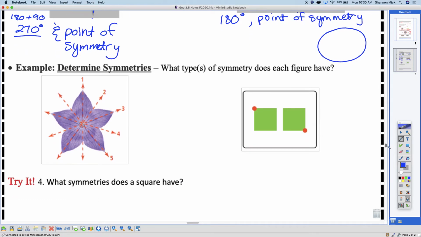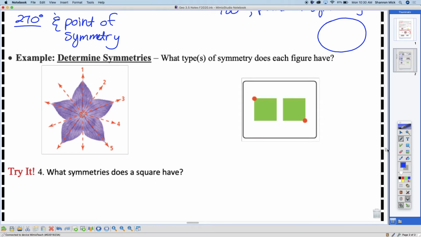Okay, determine symmetry. So what type of symmetry does each of these have? So we've got a point of symmetry. Everybody see that? Has a point of symmetry. Reflection. Now, it has reflection through how many lines of reflection? 1, 2, 3, 4, 5.